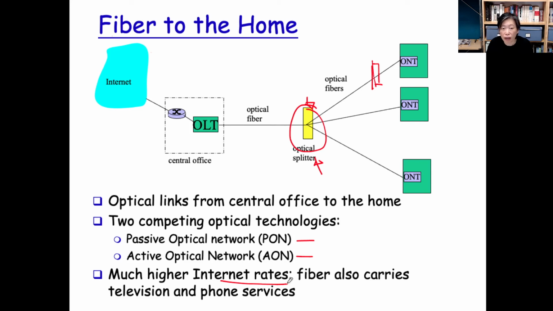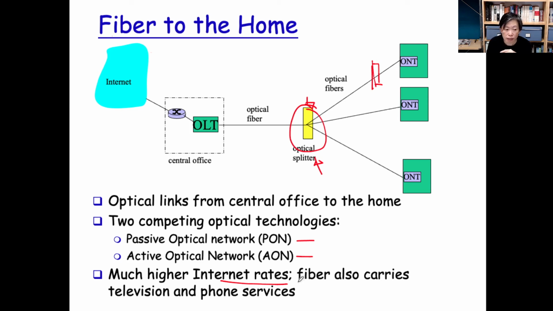If you have special needs, for example if you are hosting web servers, then you might subscribe to 100 megabits per second downlink and 100 megabits per second uplink as well. So it can be symmetric, it can also be asymmetric in terms of the bandwidth in different directions. Essentially much higher rates, and it really depends on how much you can afford.